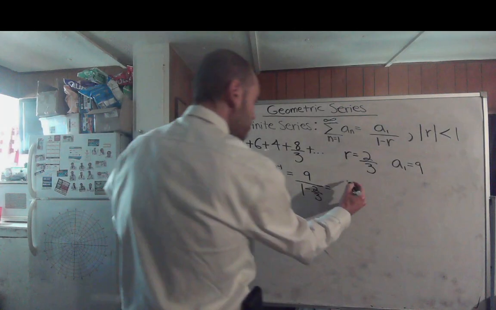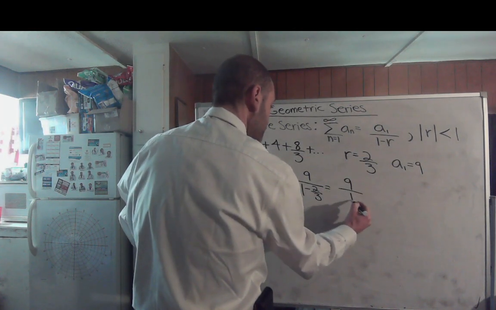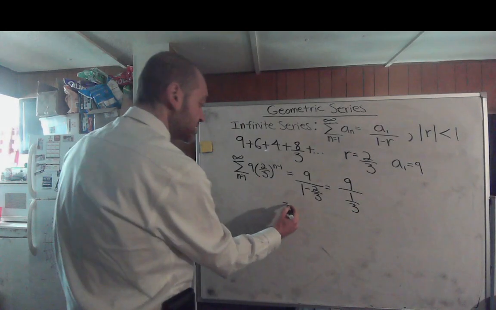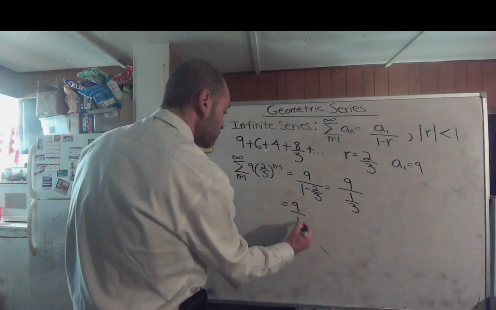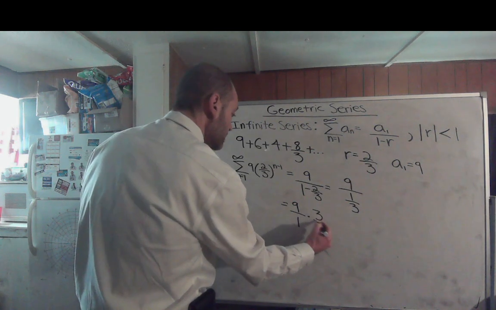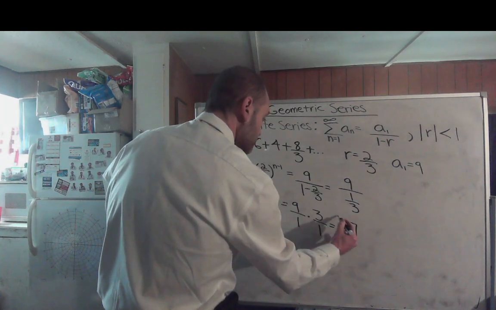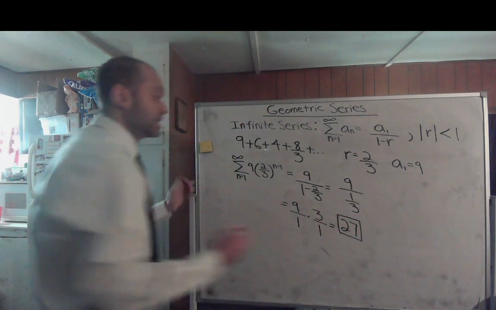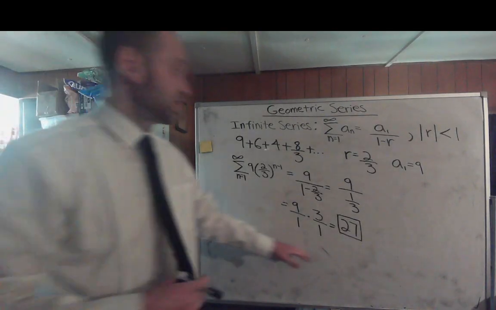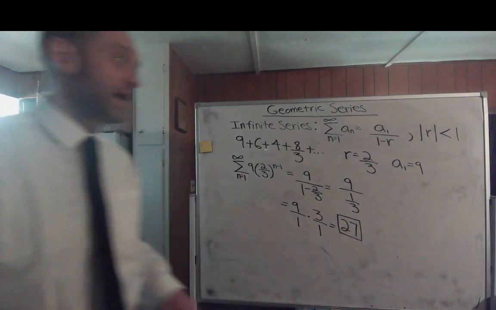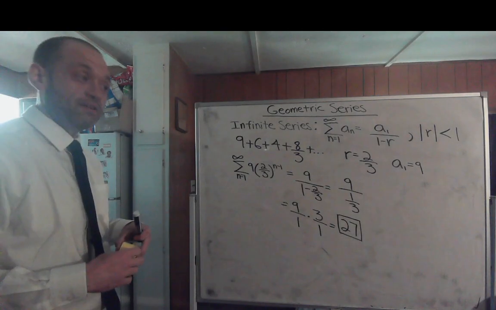So this would equal 9 divided by 1/3. We just have a complex fraction, so this would be 9 over 1 times 3 over 1, which means the sum of this series is going to converge to 27. So the sum of this particular series will actually converge to 27.